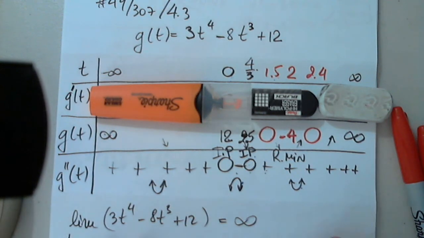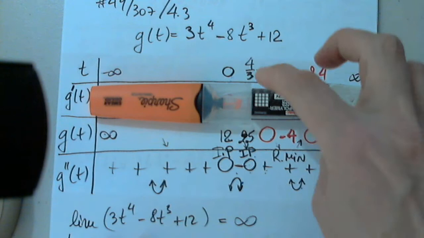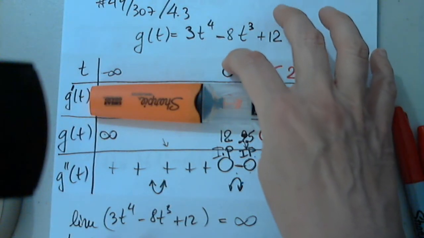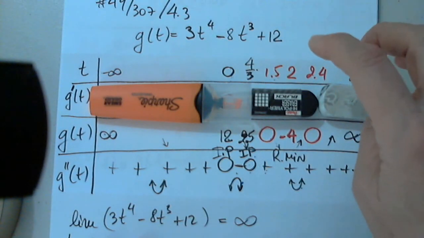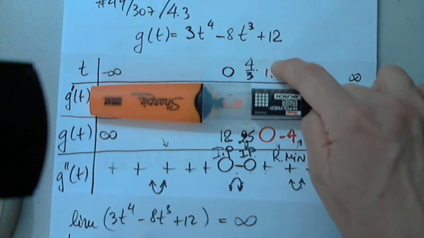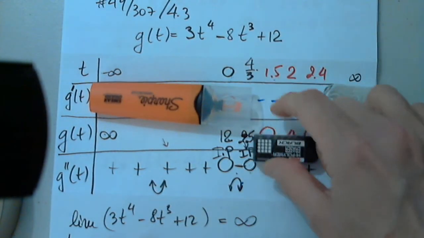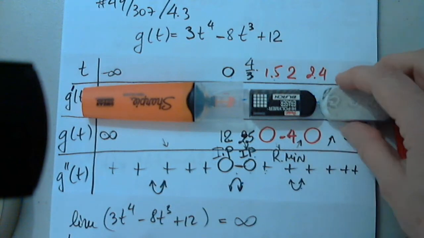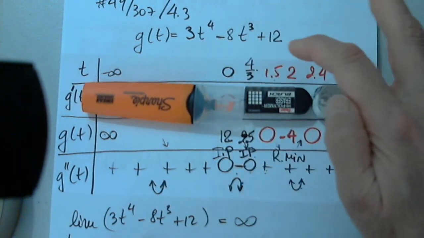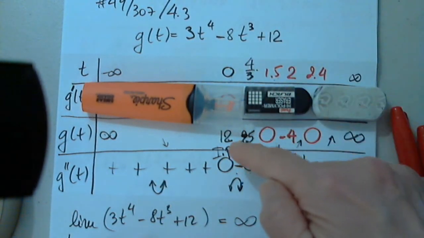So we found that the function has two critical numbers, at 0 and 2.